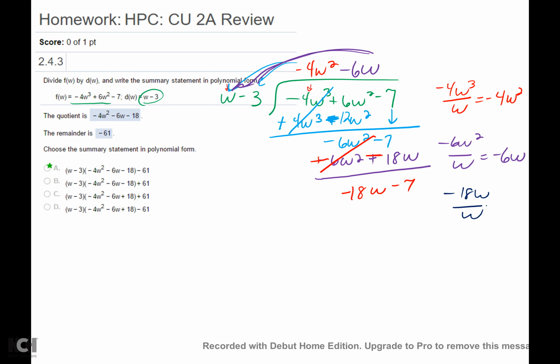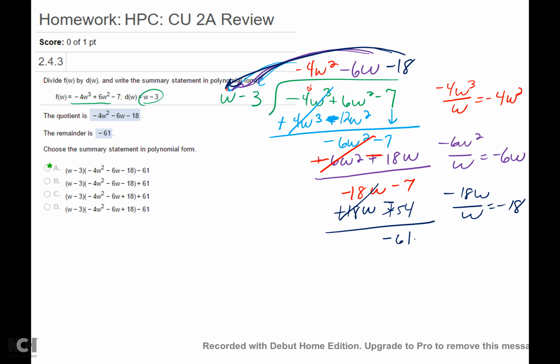-18w divided by w is -18, goes up, comes down. -18 times w is -18w. -18 times -3 is positive 54. When I draw the line, I change the signs, and those cancel, and I get -61.